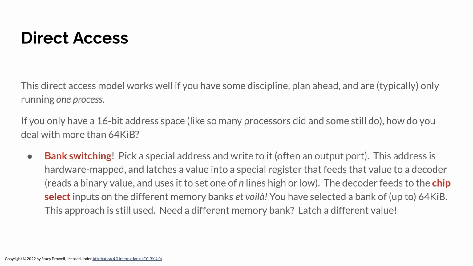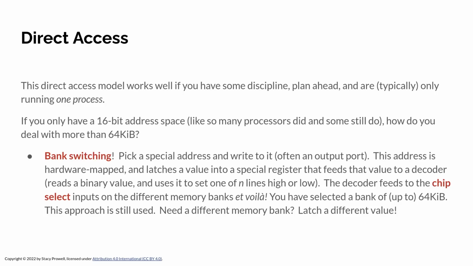So the direct access model works well if you have discipline, plan ahead, and are usually only running one process, right? You don't want processes trying to step on each other. If you only have a 16-bit address space, lots of processors only had a 16-bit address space.